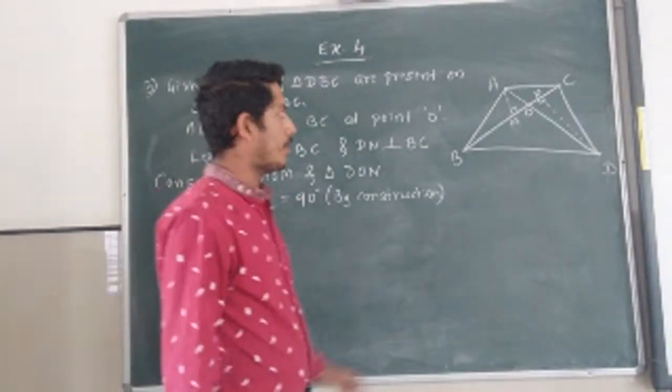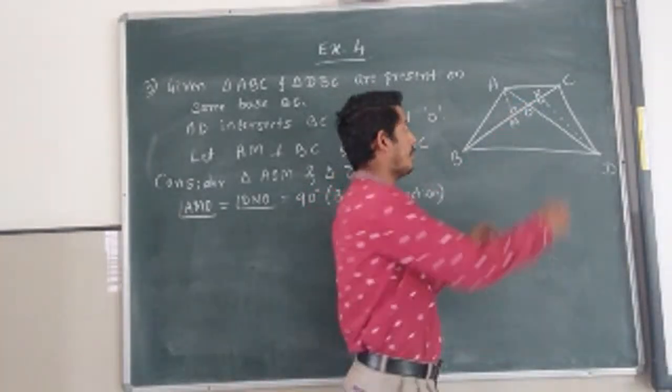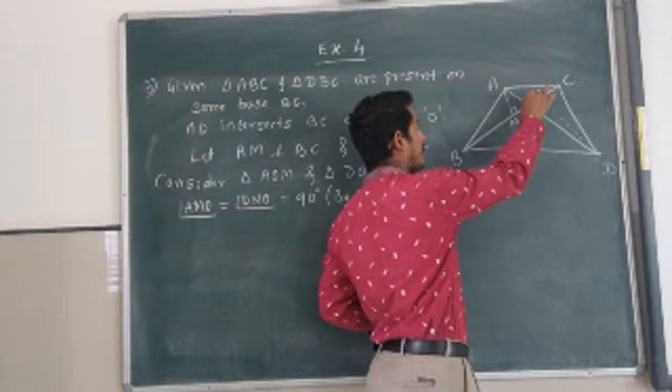Next, these two lines intersect each other, therefore vertically opposite angles are equal.